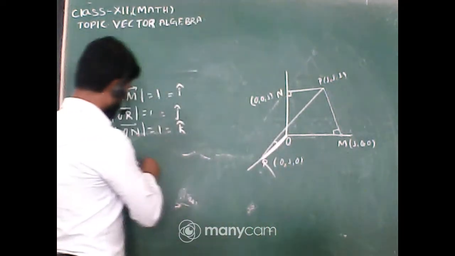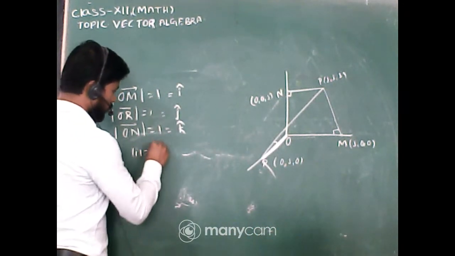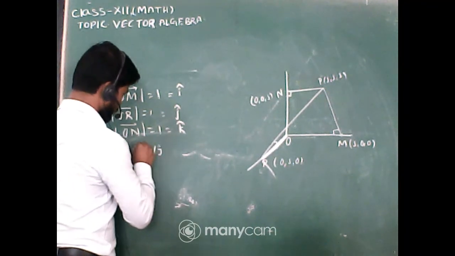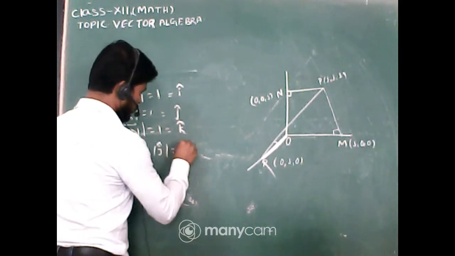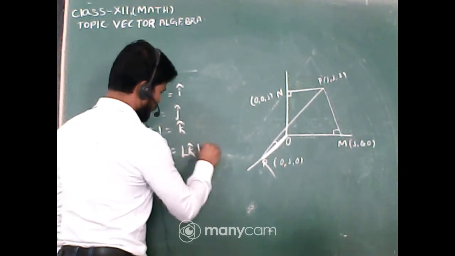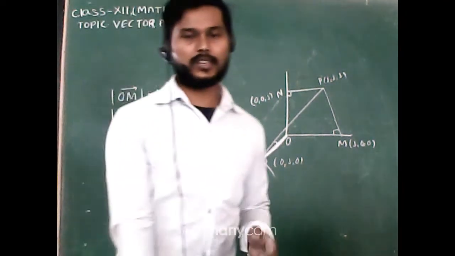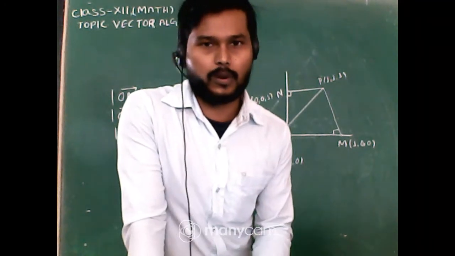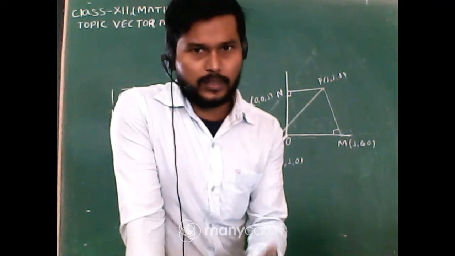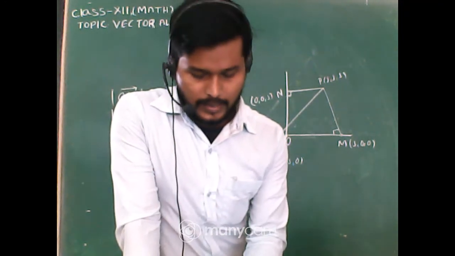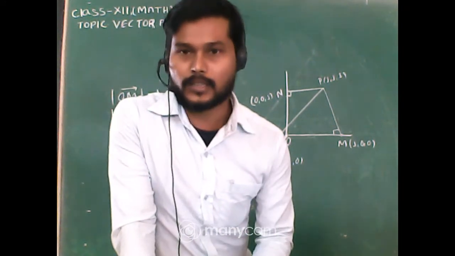And mod of i is equal to mod of j, which is equal to mod of k, which is equal to 1. It means the modulus of these three vectors is 1, so they are the unit vectors along the x-axis, y-axis, and z-axis respectively.